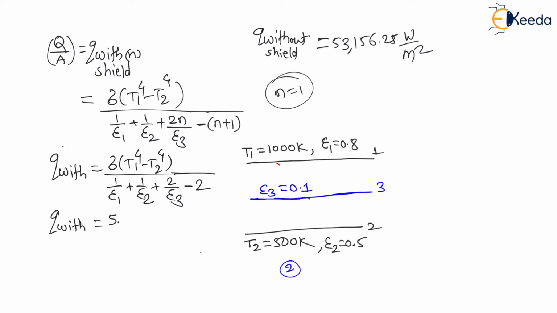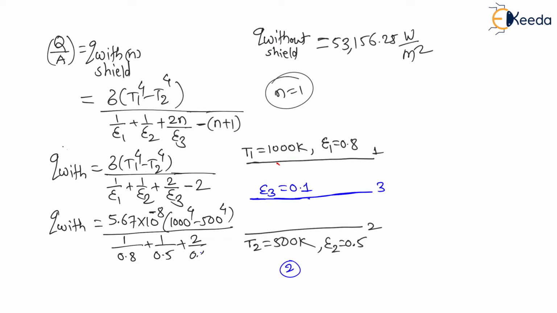Now sigma is 5.67 times 10 to the power minus 8, T1 is 1000 to the power 4 minus T2 is 500 to the power 4, divided by 1 upon 0.8 plus 1 upon 0.5 plus 2 divided by 0.1 minus 1. The heat transfer rate with shield is 2501.47 watt per meter square.